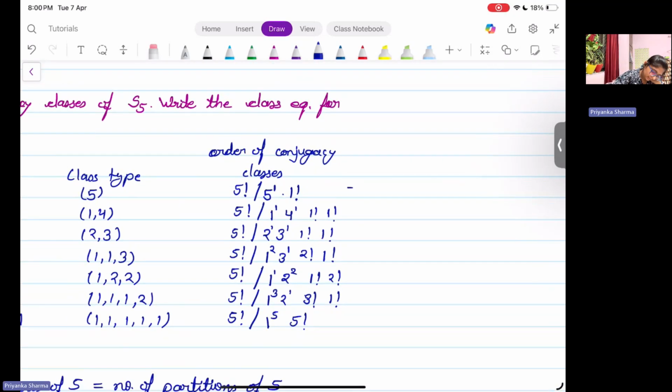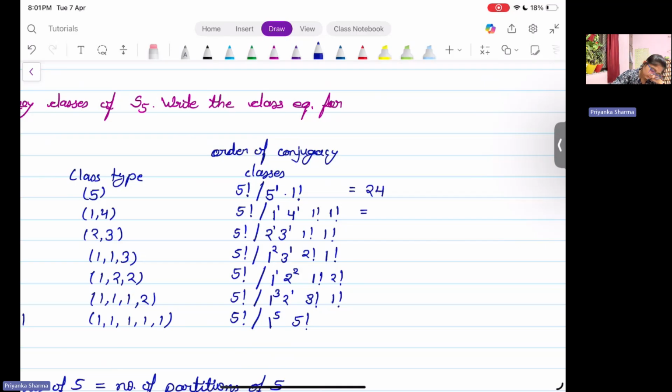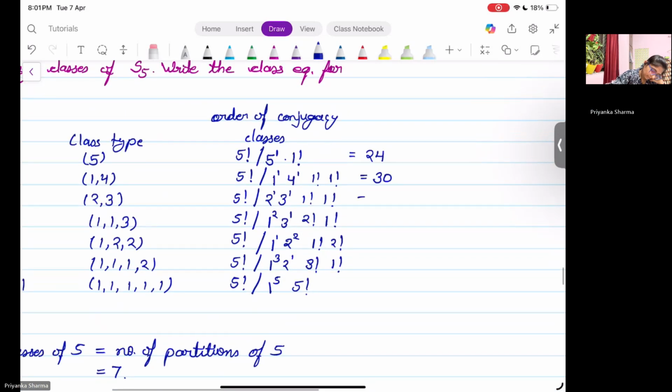Fine, let's calculate this. What will this be? This will be factorial 4, that is 24. This will be 5 into 3 into 2, so this will be 30. This will be 20.